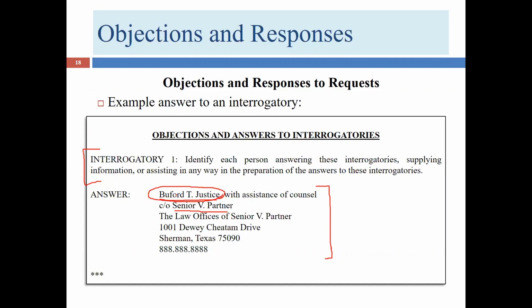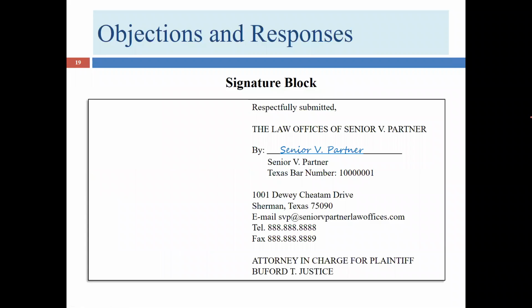So you'd be talking about a human being here, and obviously you'd still have an attorney, but you very possibly would have multiple human beings because there's probably going to be questions about different aspects of that corporation. So this list can be very short or very long. And again, we have the signature block. It's the same.